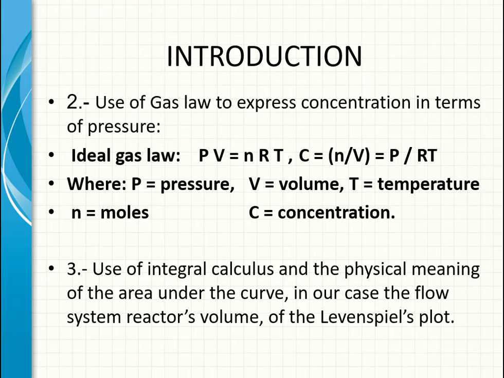If we recall the ideal gas law, it says that the pressure times the volume is equal to the number of moles times the gas constant R times the absolute temperature T. From here, the concentration is equal to N, the number of moles, divided by the volume, which is going to be moles per liter, for example, and this is going to be equal to the pressure divided by the gas constant R times the temperature T, where P is the pressure, V is the volume, T is the temperature, N is the number of moles, and C is the concentration.